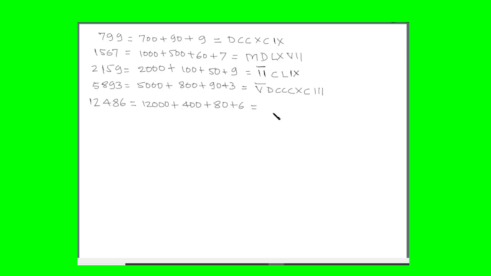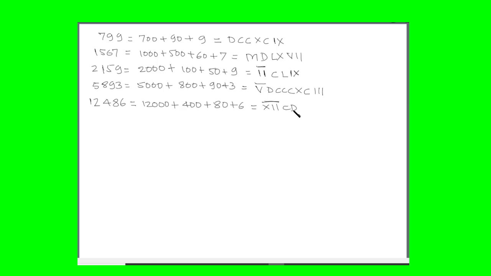Now we write first 12 and put bar on it. So this is 12 multiplied by 1000 is 12,000. Now 400 is CD, which is 500 minus 100 is 400.